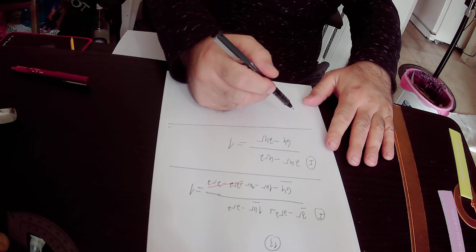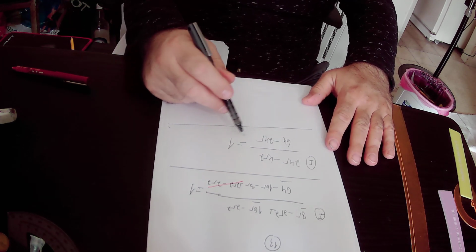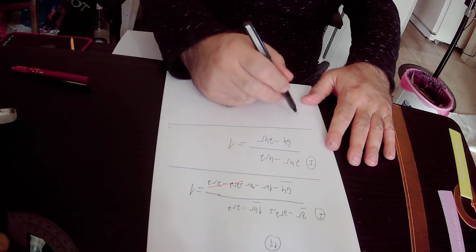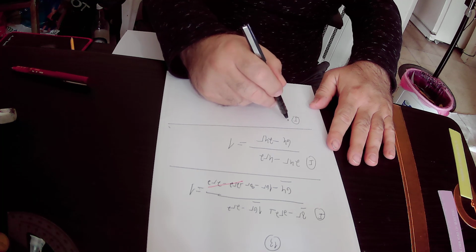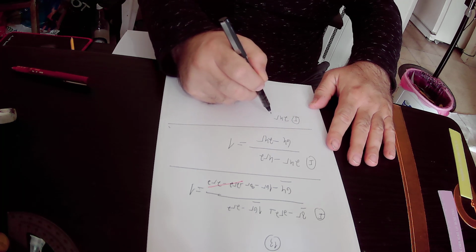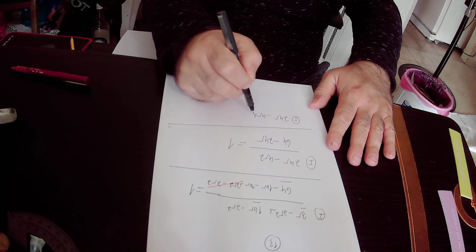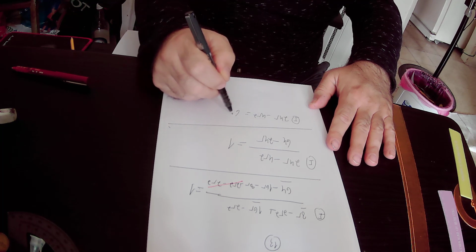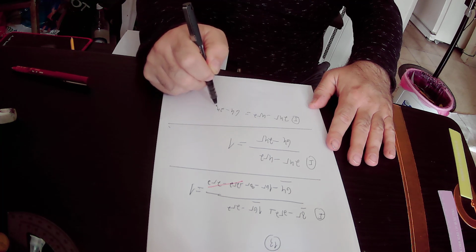So here we will cross multiply this expression and we will get that 24r minus 4r squared equals to 64 minus 24r.